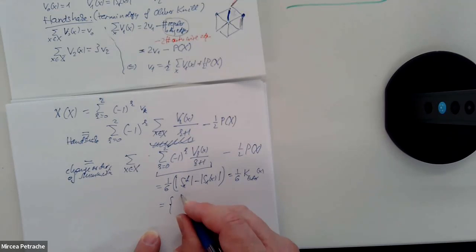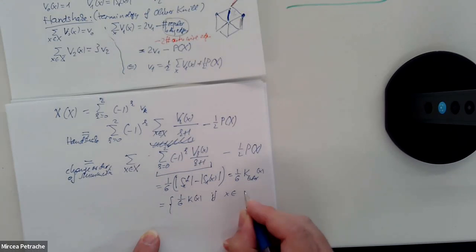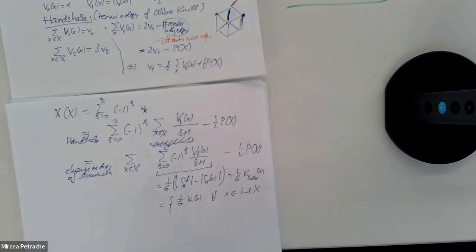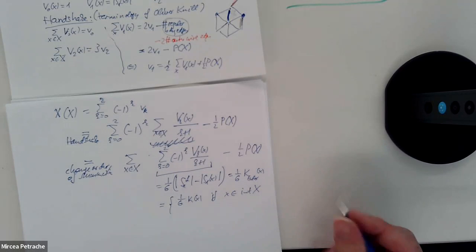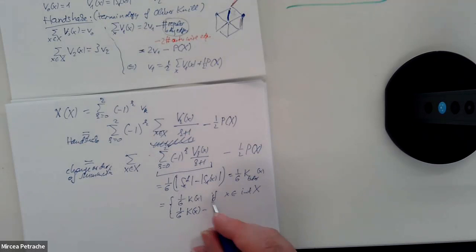It's basically 1/6 k of x if x is in the interior, and it's not that when it's on the boundary. So it's 1/6 of k of x in the interior.